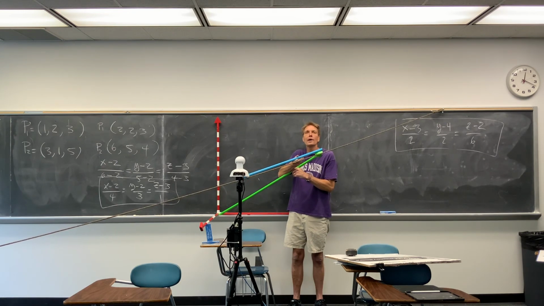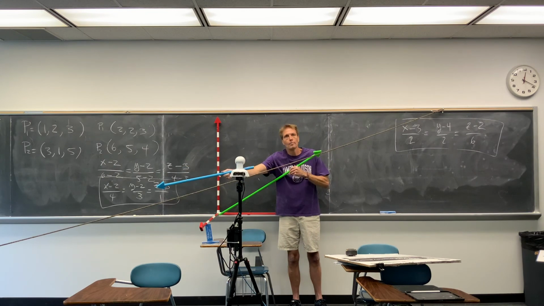Now imagine I say A plus 2d. Suddenly, if I do 2d, my blue vector's now twice as long. Can you visualize A plus 2d?